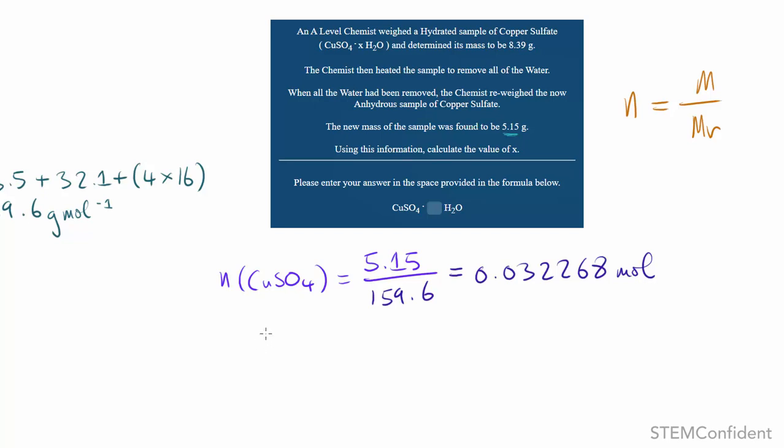So that's effectively 8.39 minus 5.15, and that's going to give you 3.24 grams. And this relates to the mass of H2O, okay?